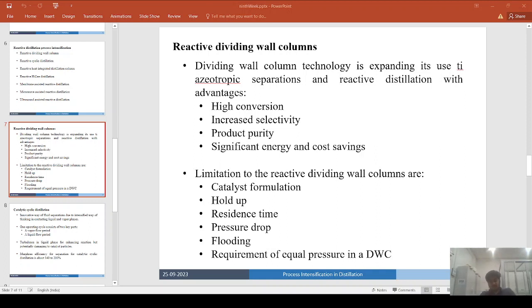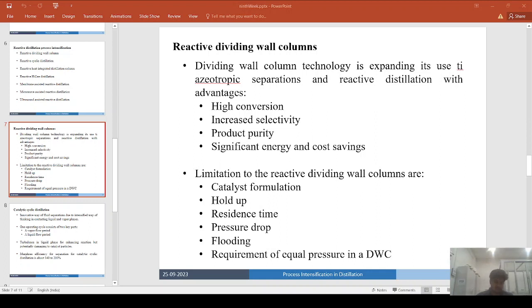So what is the idea behind reactive dividing wall columns? The dividing wall column, or the DWC technology, is expanding its use to azeotropic separation and reactive distillation. So that's where you can add the word R into the dividing wall column technology.